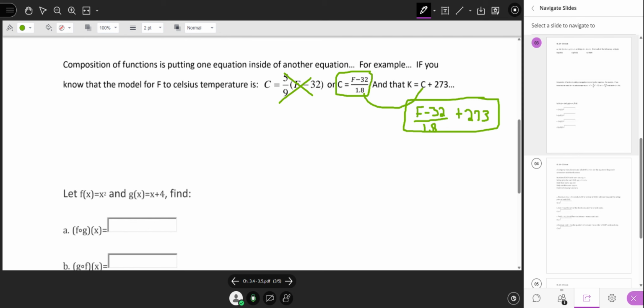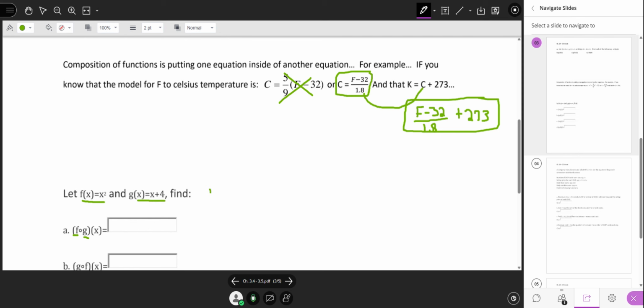So the first letter is your outside equation. The second letter is your inside equation. So if I say f is x squared, g is x plus 4, and I say find f of g.